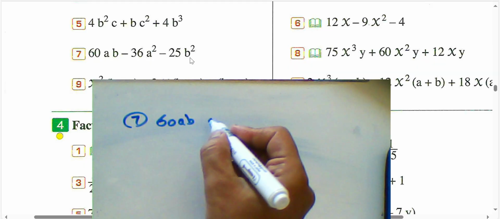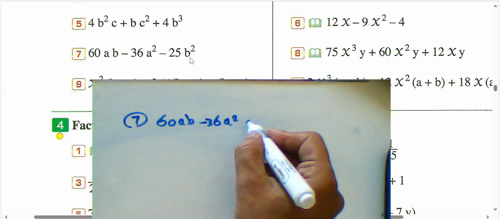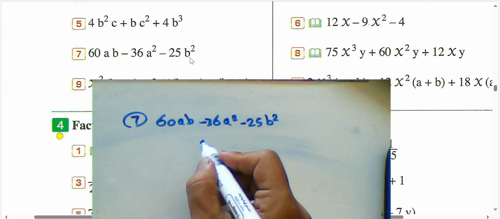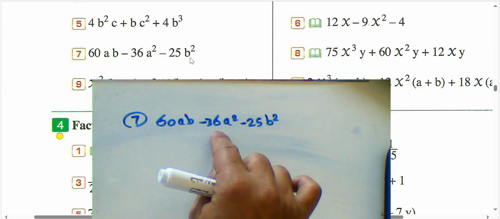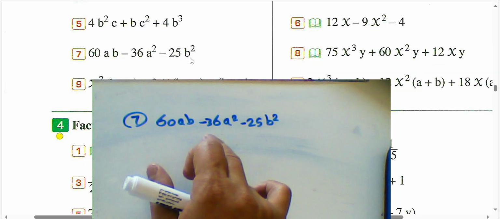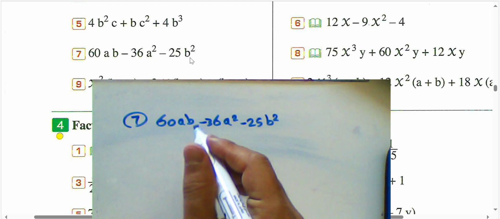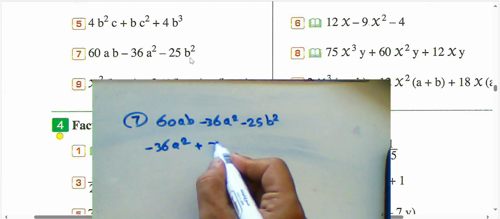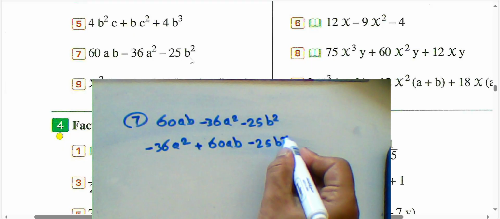60ap subtract by 36a power 2 subtract by 25p power 2. Okay, we can write this expression in order first. Write 36a power 2 with negative and then find the highest common factor between them, negative, okay? Write negative 36a power 2 plus 60ap and then negative 25p power 2.